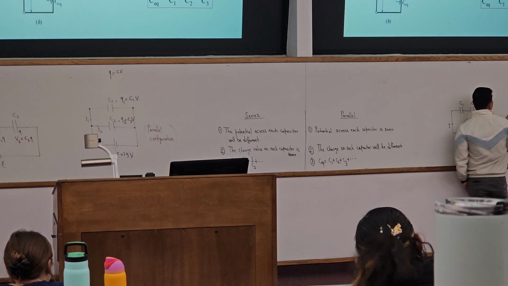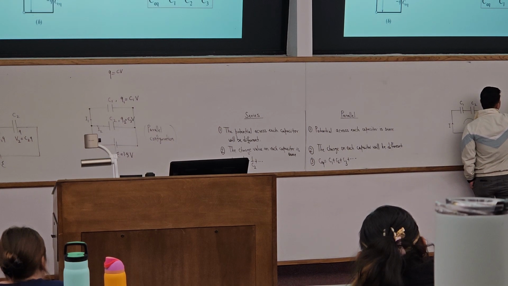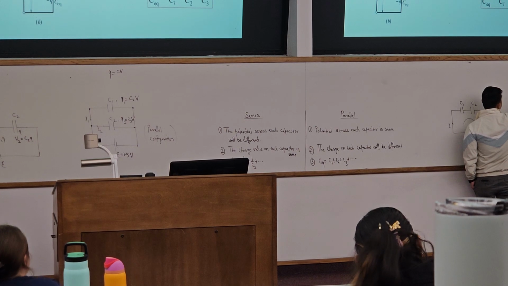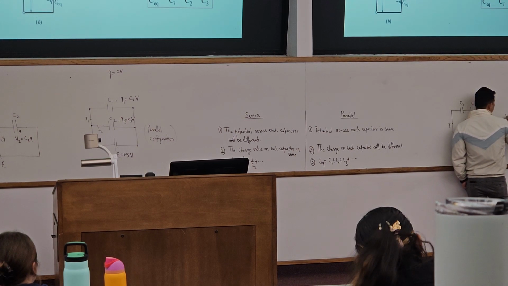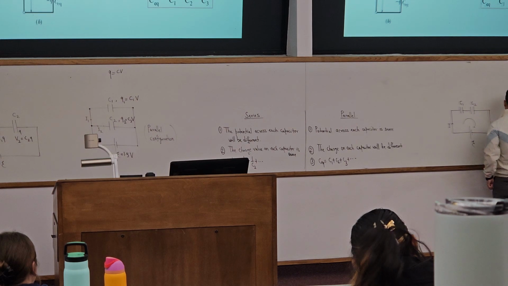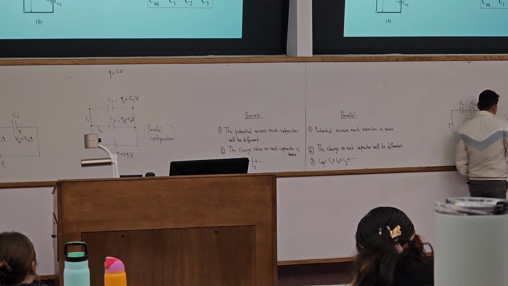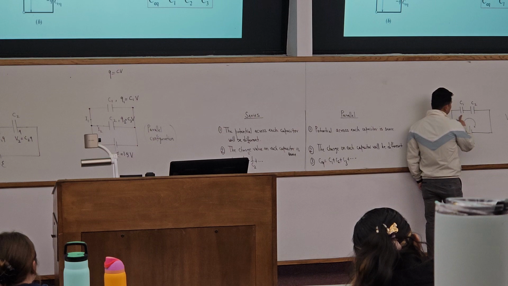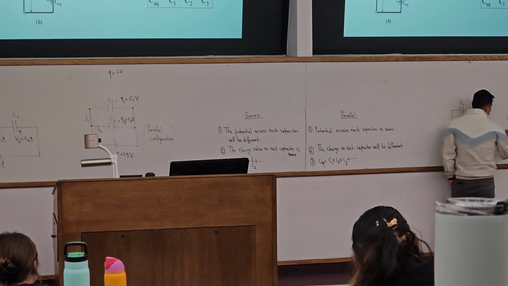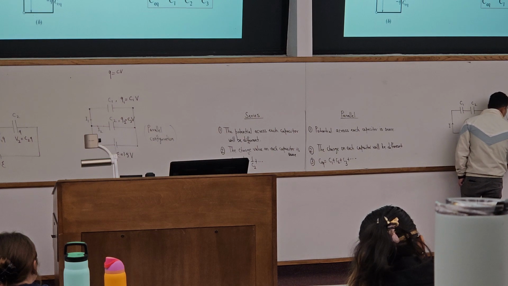If I want to find the potential, you have Q divided by C. The potential drop across this capacitor is V1, which is going to be Q divided by C1, because you have the same charge stored on each capacitor. The potential drop across the capacitor C2 is going to be Q divided by C2.